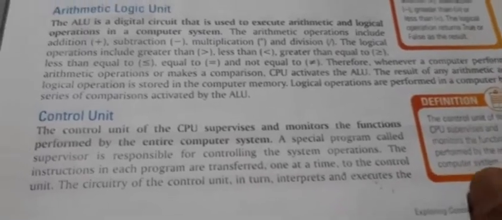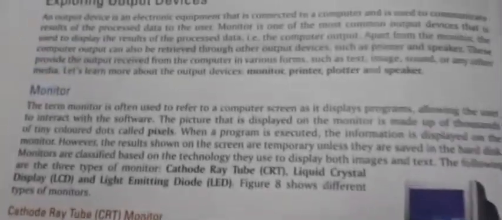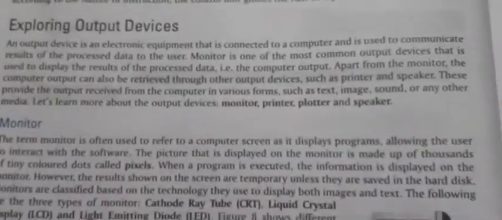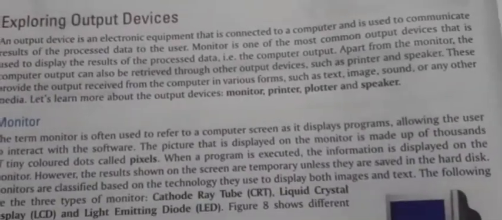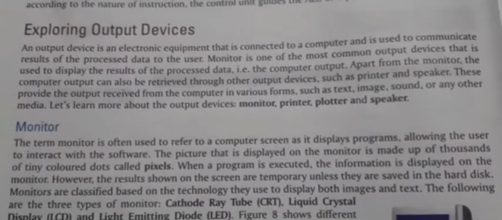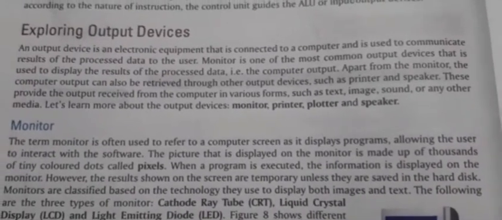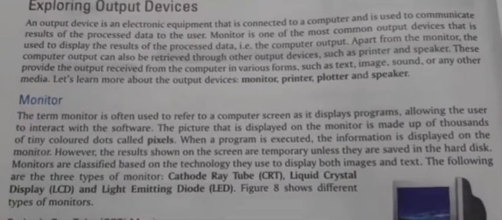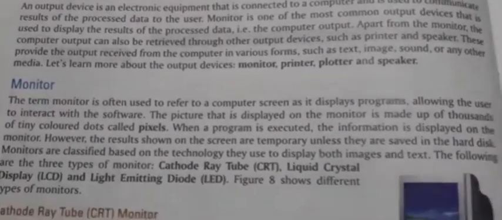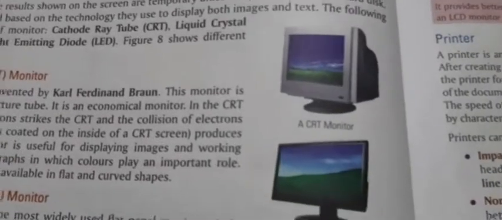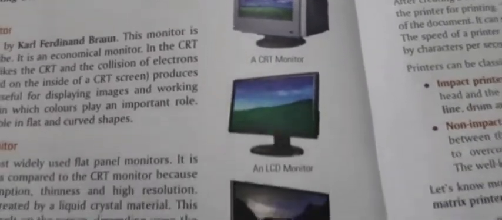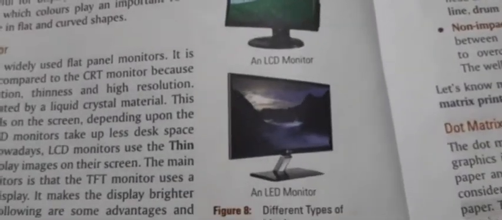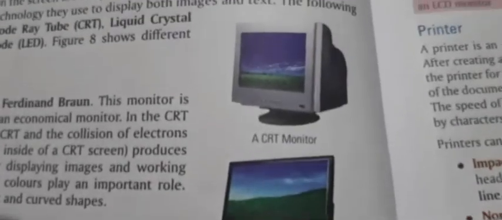Okay, after that we will discuss the different types of output devices. As we know, there are different types of output devices, but the two main output devices are monitor and printer. Dear students, here you can see the different types of monitors available.